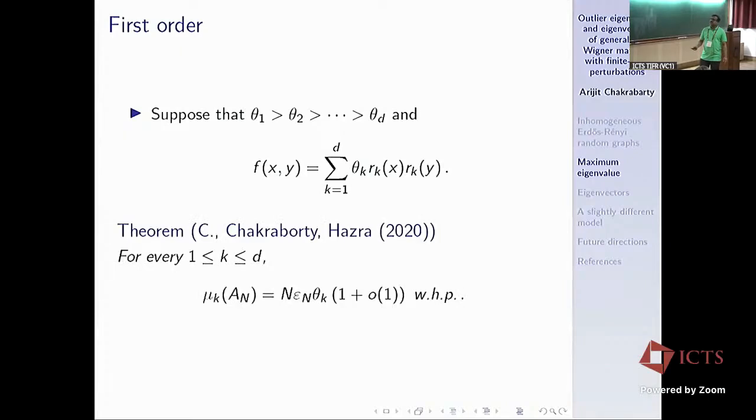The first result is, if mu_k(A_n) is simply the kth largest eigenvalue of A_n in descending order, so mu_1(A_n) is the largest eigenvalue, this simply says that mu_k(A_n) divided by n epsilon_n goes to theta_k with high probability. In particular, it goes there in probability. So theta_k, we should remember, is the kth largest eigenvalue of the integral operator f.